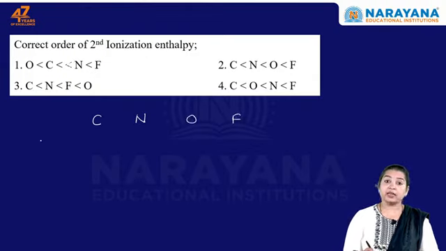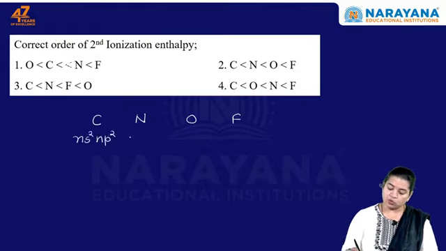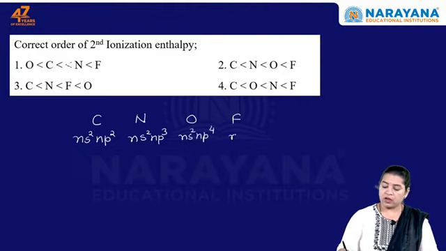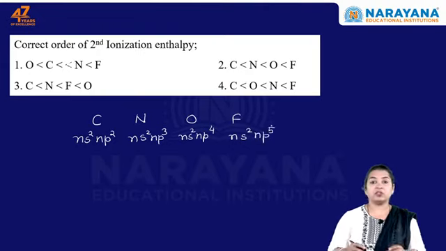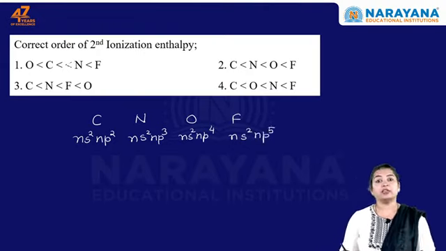If I write their basic or ground state configuration, this is ns2np2. Nitrogen will be ns2np3, oxygen is ns2np4 and fluorine is ns2np5.